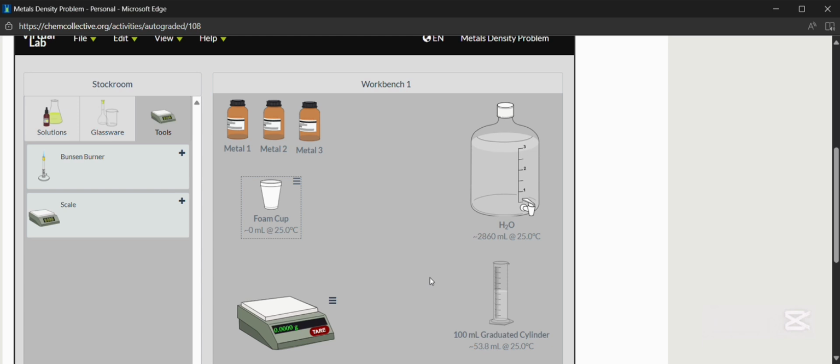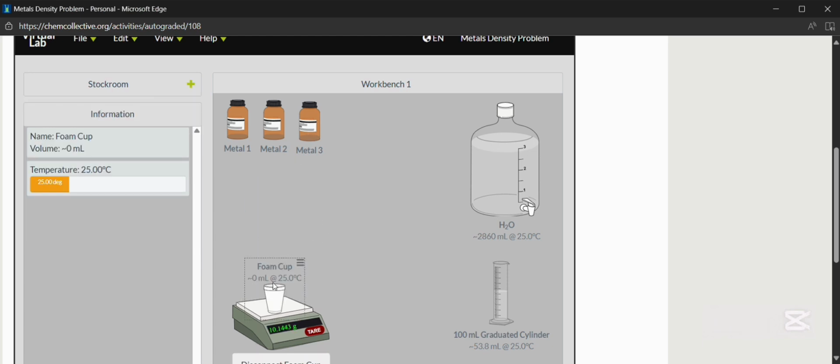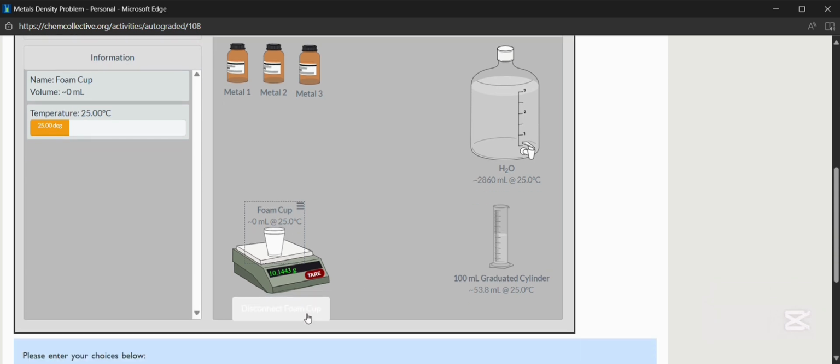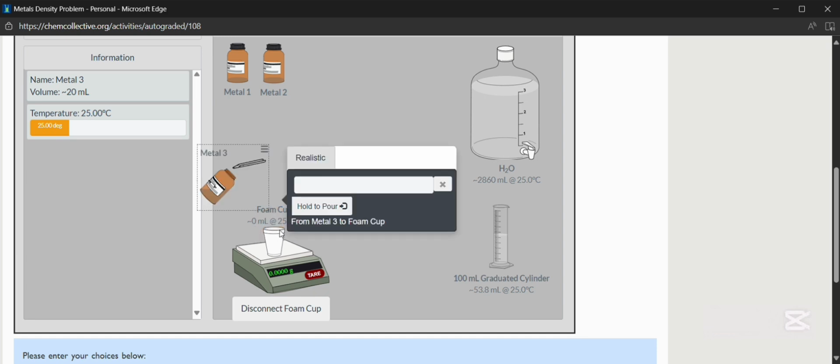So now we'll be looking for our third unknown mixture. So first we're going to, of course, measure our foam cup and we're going to tare it. Then we're going to add our final mixture. So we ended up pouring 78.64 grams.